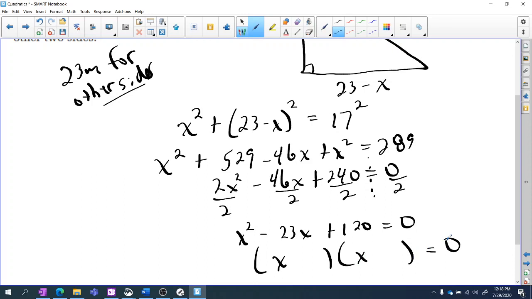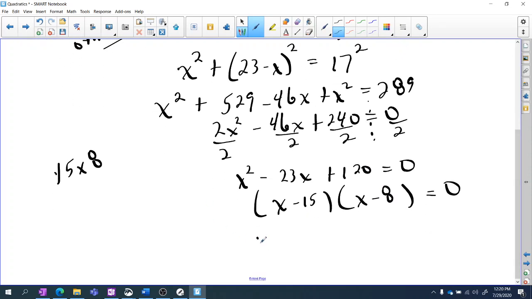Multiply to get 120, so let me think. 12, 10, 18 and 5. So again, after checking, 15 times 8 will work. 15 and 8 is 120. And if I go both negatives, so x minus 15 and x minus 8, I will get two answers. So x could be 15 or x could be 8.